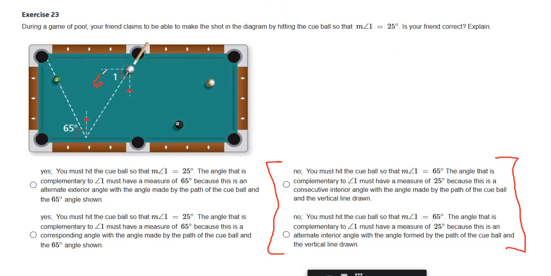Okay, so we think this has to be 65. The angle that is complementary to 1 has a measure of 25 because of the consecutive interior angle made by the path of the cue ball in the vertical line drawn.